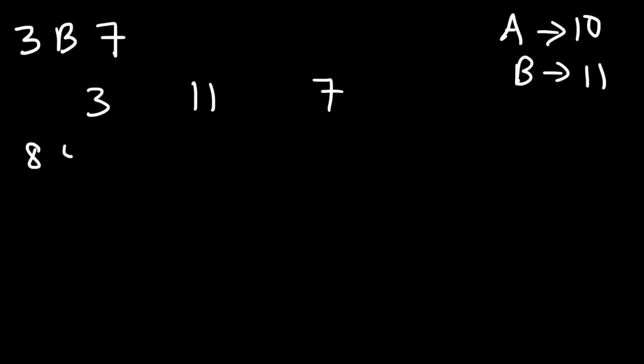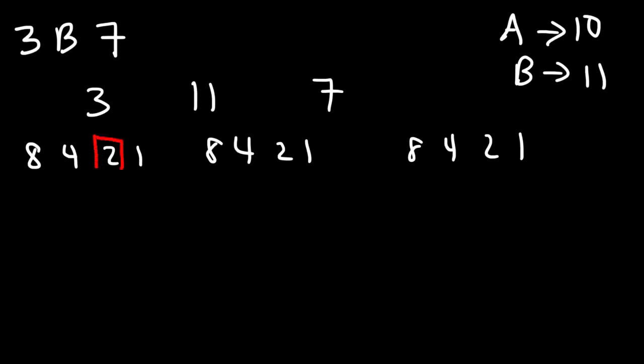Now let's convert this into a binary number. Let me separate the 2 and the 1. 3 is the sum of 2 and 1. So we could represent 3 as the binary number 0011. 11 is the sum of 8 plus 2 plus 1.